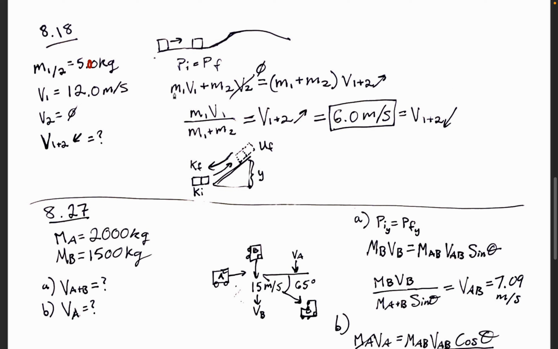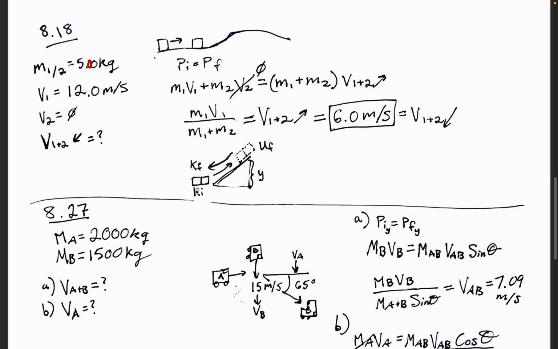So mass 1 times velocity 1 plus mass 2 times velocity 2, but velocity 2 is at rest, which means that part is going to be 0, equals, right? Now, because they are sticking in the second part of this problem, we consider it as one object. But it's still going to have the masses of both, so you have to sum up the masses and then times the velocity of this new double unit.